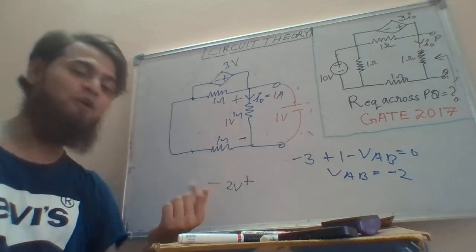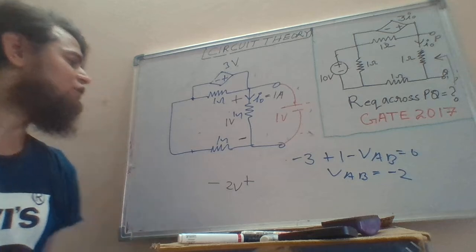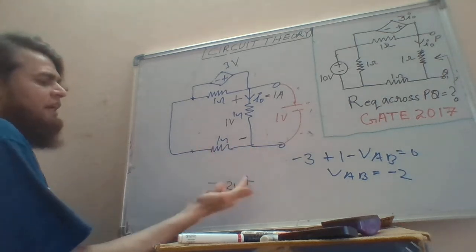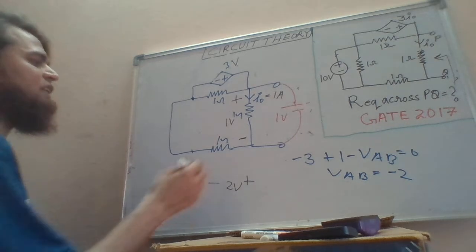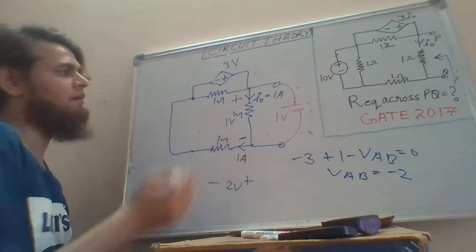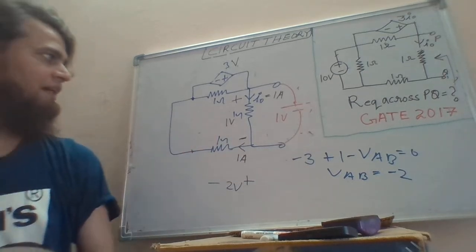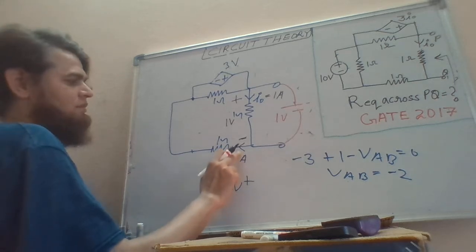Drop means you are going from positive, that is high potential, to low potential. So in the direction of the current, you shall get the drop, which clearly tells that the direction should be this. No, it should be 2 ampere. 2 upon 1, 2 ampere.